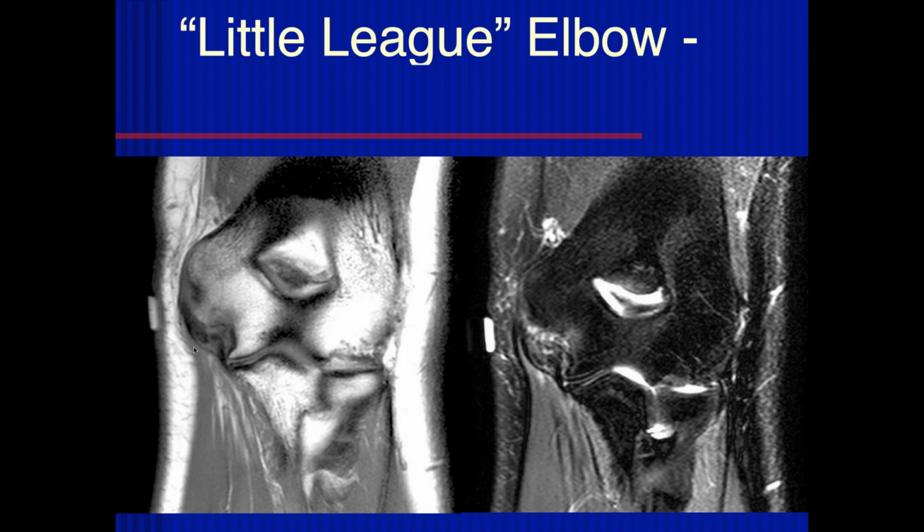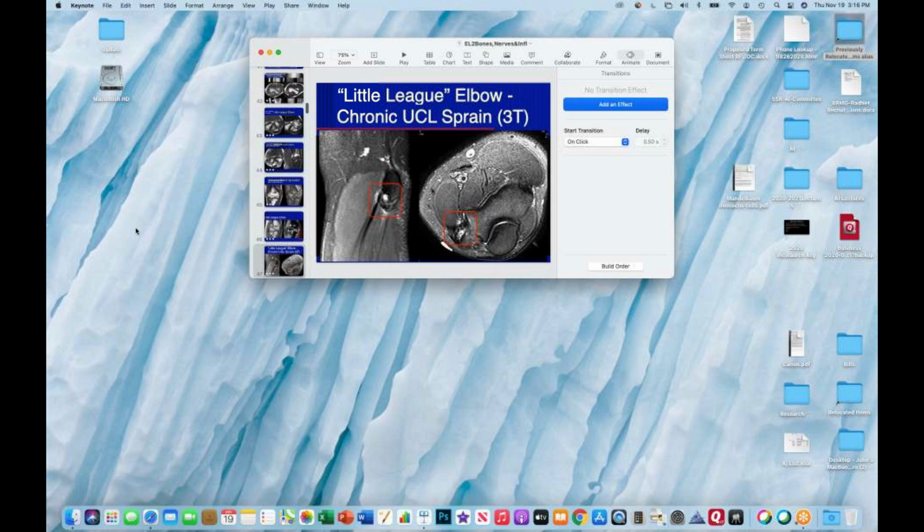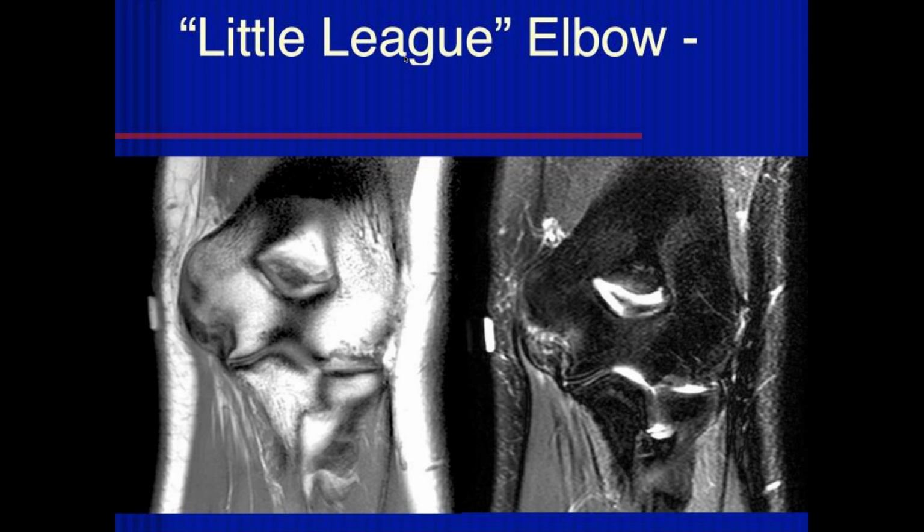Michael. Okay, so it says little league elbow, and we see kind of edema at the interface, I think, of the ulnar collateral ligament and the epicondyle. So there's edema right at the interface of the medial epicondyle and the ulnar collateral ligament undercutting.